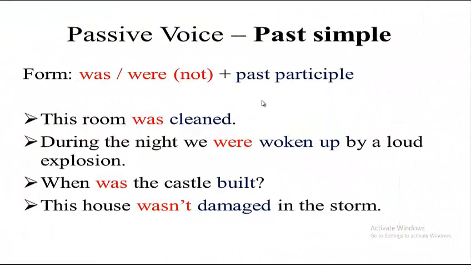We start with the object followed by verb to be, then followed by the past participle. For example, here, this room was cleaned. During the night, we were woken up by a loud explosion.